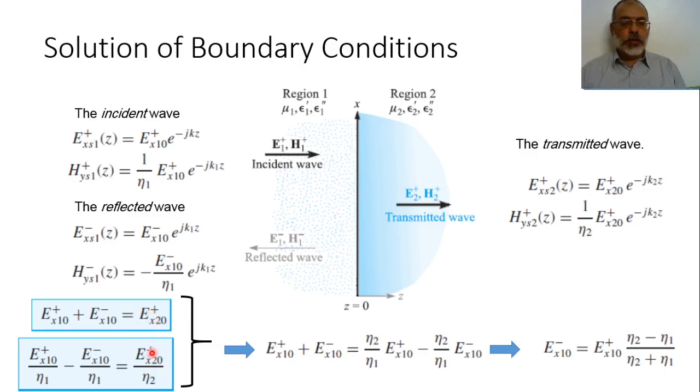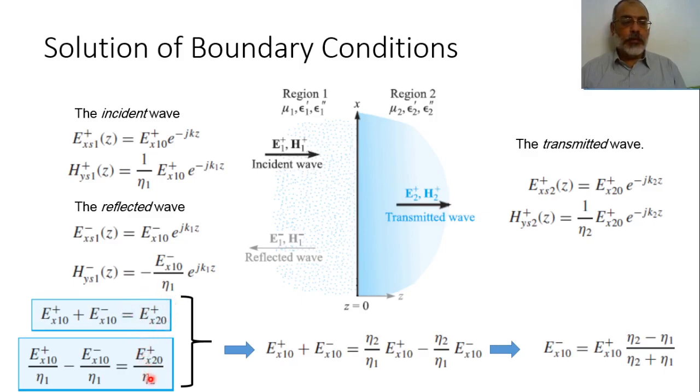Ex2 plus can be replaced by eta 2 multiplied by these two components, and these two components include the incident and the reflected, and here is the incident and the reflected. So we can find a relation between the incident and reflected field only by eliminating the transmitted electric field component.